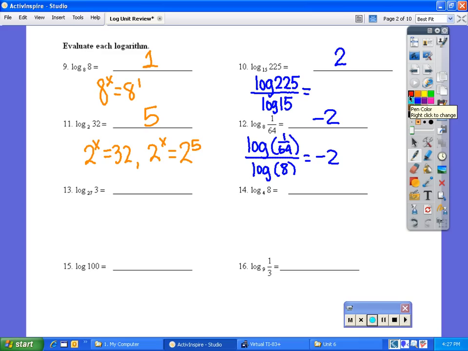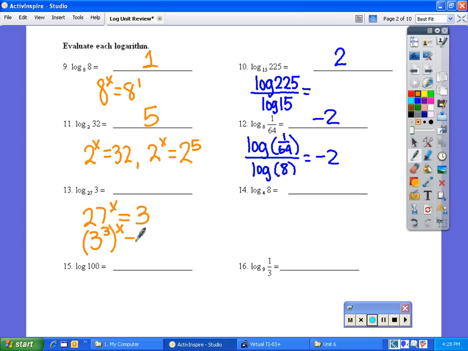Now looking at number 13, if we do it on this side by work, because some people like to show work, you have 27 to the x equals 3. There is no base of 27 that will ever give you 3, so you can change 27 to 3 cubed, because that's the same thing.